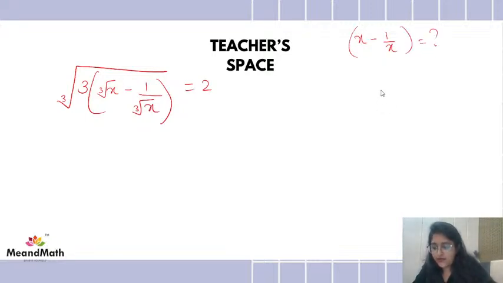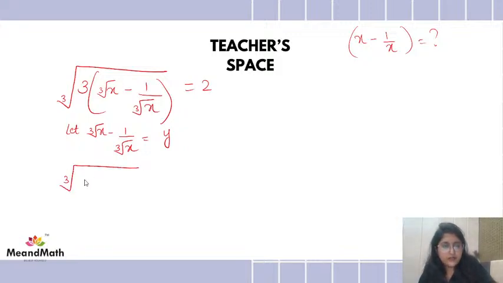So how will we do this? First of all, we'll let this bracket part be a variable. Let's suppose I am letting this be y. I'm just giving you the start of how to solve this. So let this bracket part be y. What will the equation be now? You will get 3y is equal to 2.